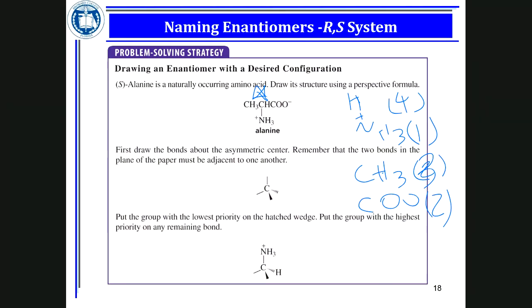You draw 2 solid lines, 1 dash, 1 wedge. Then you place the lowest priority, or number 4, on the dashed line. You put your highest priority in one of the solid lines. And then to decide if 3 goes here or 2 goes to which point, from priority 1 you start drawing a loop that is counterclockwise.